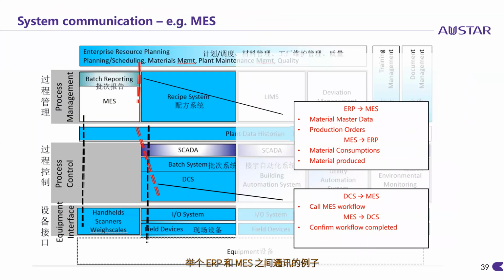To give you two examples of this communication, let's say between ERP and MES: ERP will have to provide MES with material master data, what type of materials we have, and also will provide MES with production orders. On the other hand, MES will report to ERP what material consumptions were performed, how much material, and what material was produced.